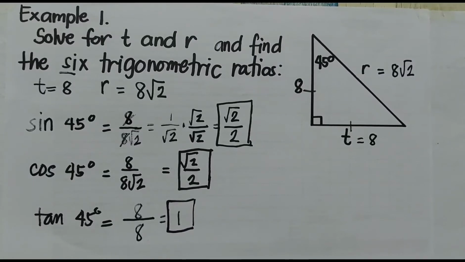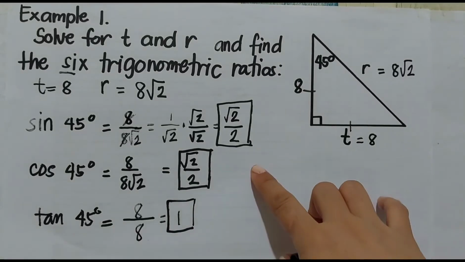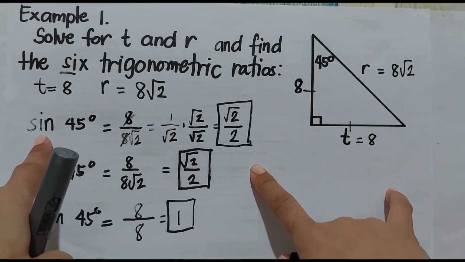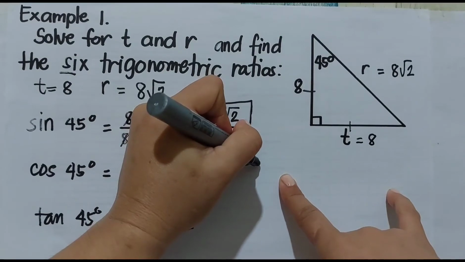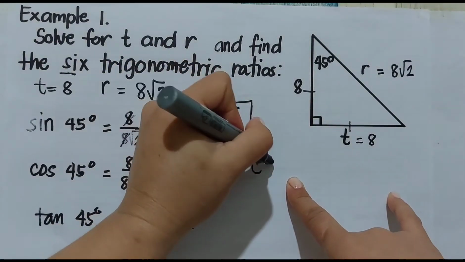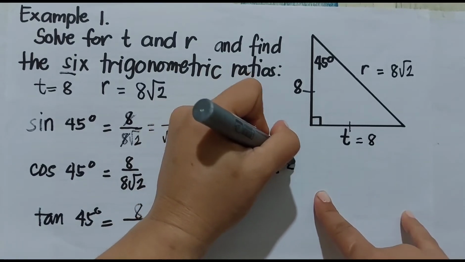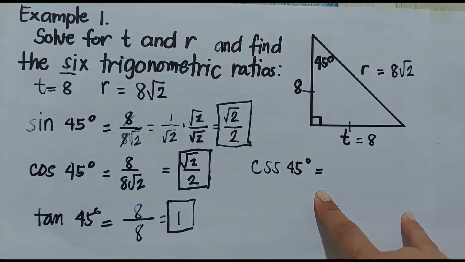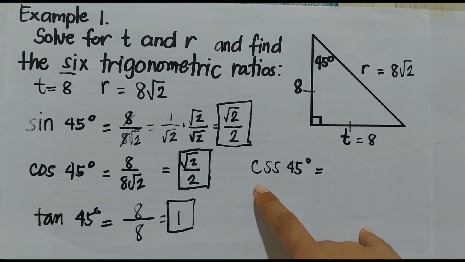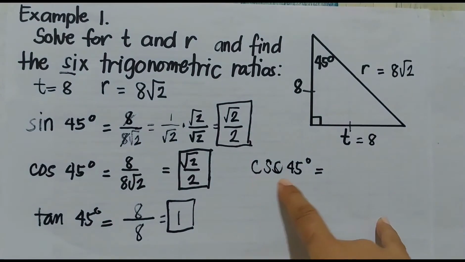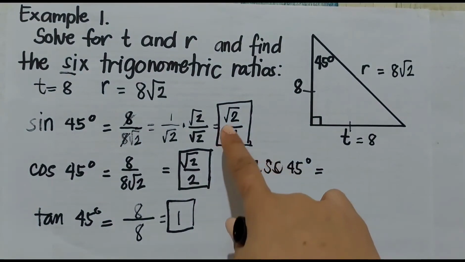Okay. What about its reciprocal or its inverse? So, let's put it here. What is the inverse of sine 45 degrees? That is cosecant. Okay, cosecant 45 degrees. So, it's the inverse here.